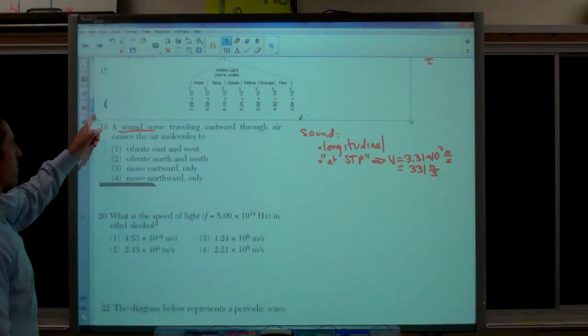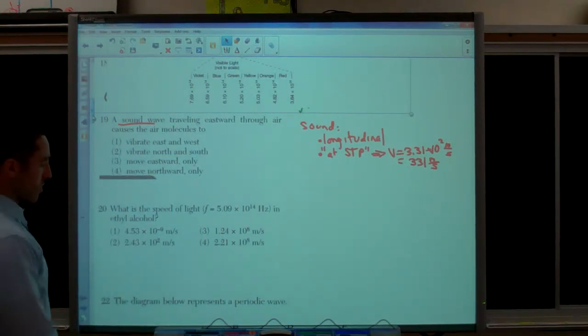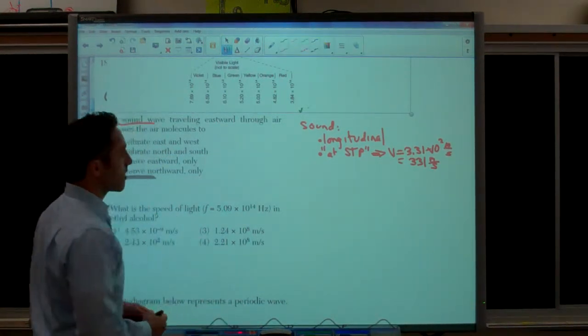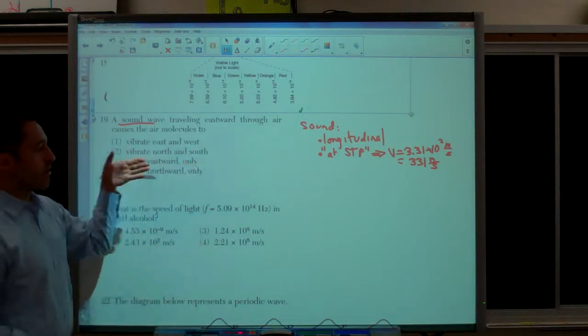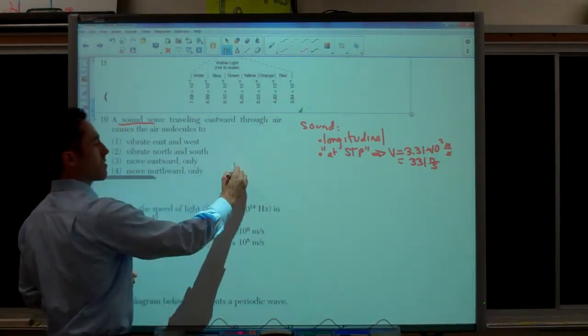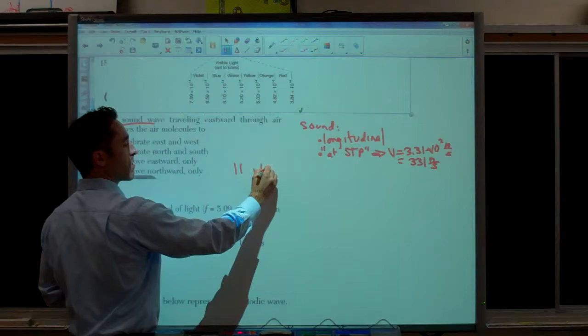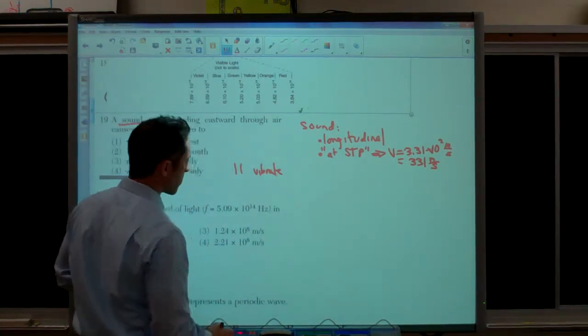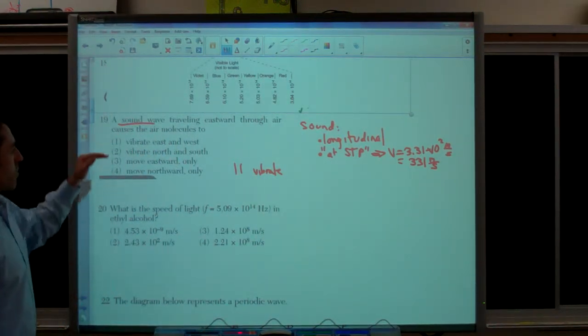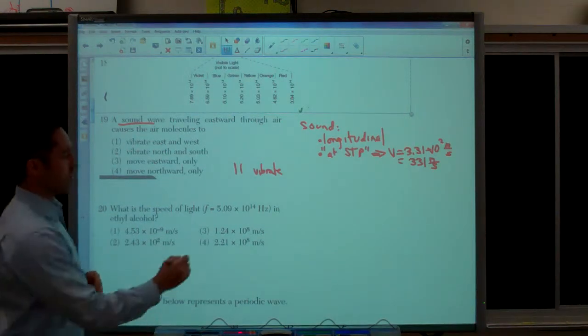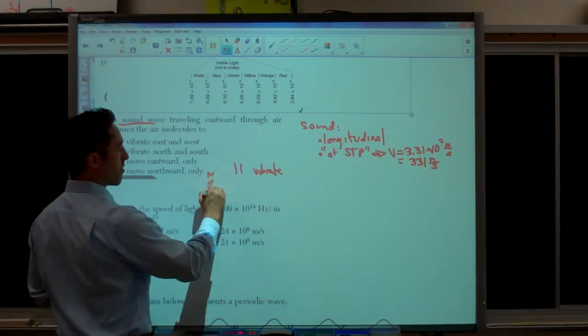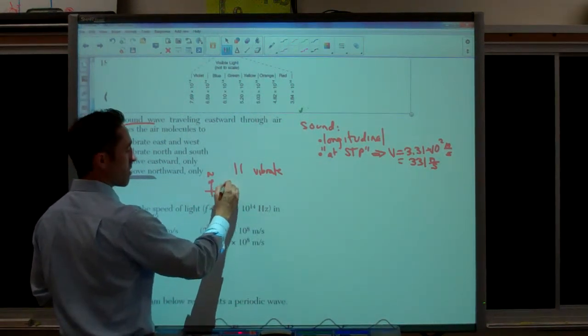Okay, so let's come back over here. So if it's longitudinal, remember that the vibrations are parallel to the motion. So if the motion is east, let's call this north, call this then east.